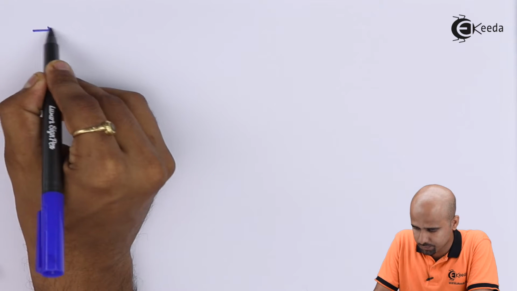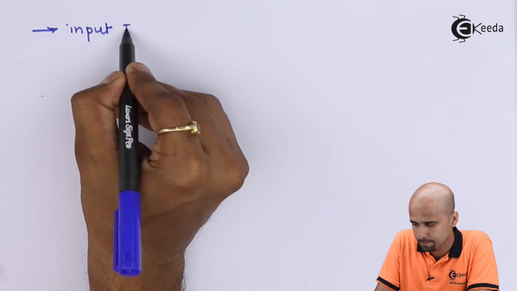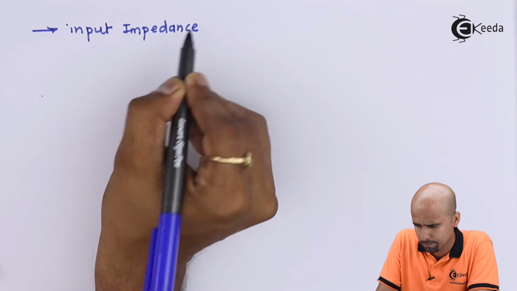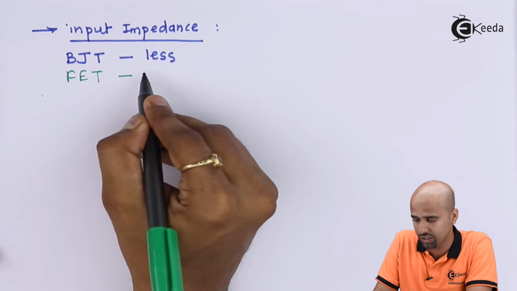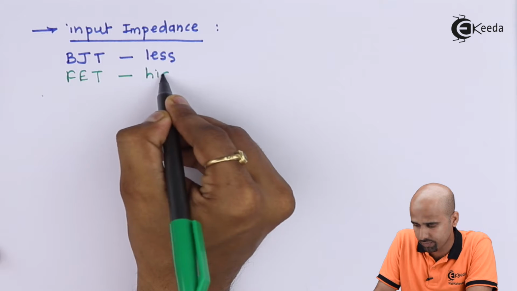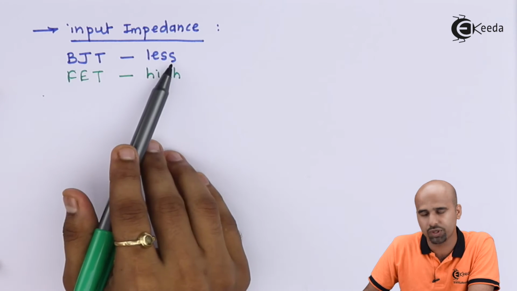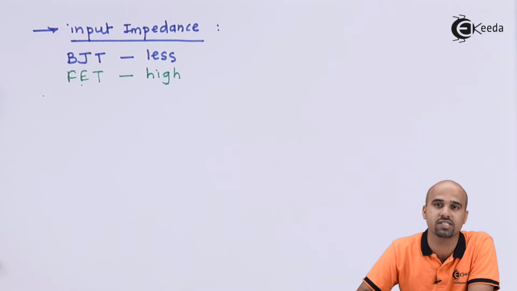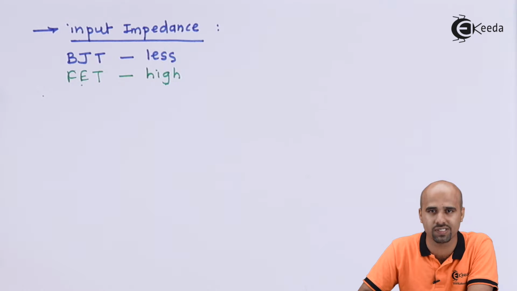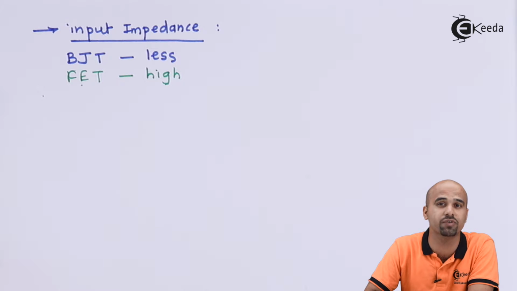The third important aspect of BJT and FET difference is input impedance. For BJT your input impedance is low and in FET input impedance is high. Recollect what I told in the previous videos: for amplification, the input impedance must be very high, the output impedance must be very low, and the voltage gain, current gain and power gain should be moderately high.